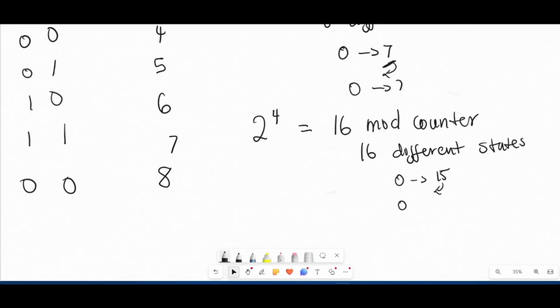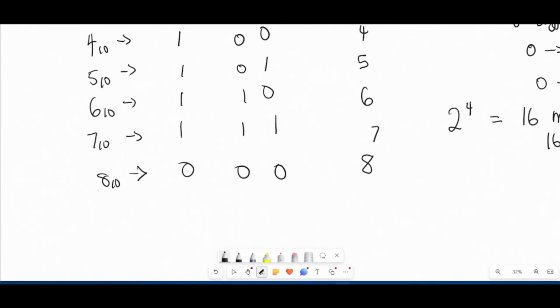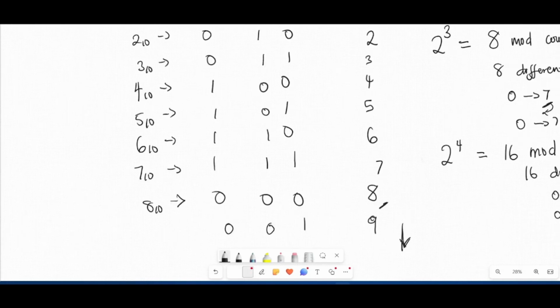So let's come back to this table. At the 8th pulse it resets, and it starts from 0 0 1 again at the 9th pulse. And you keep going again, reset when you reach your maximum. So that is how the JK flip-flops can be used for counting.